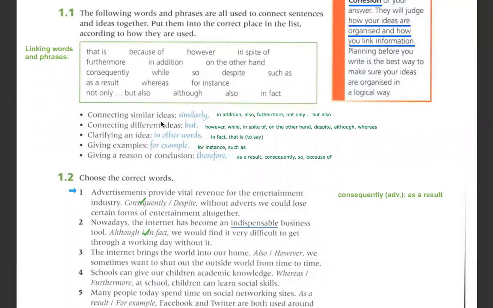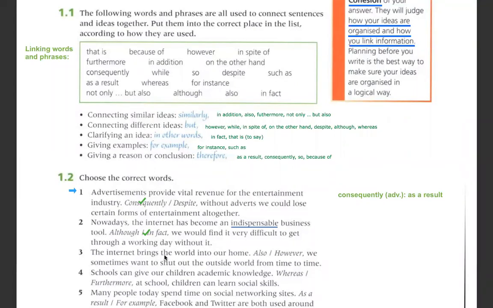The internet brings the world into our home. We sometimes want to shut out the outside world from time to time. So are these similar ideas or different ideas? Okay, I only have 4 answers. What about the rest of you?